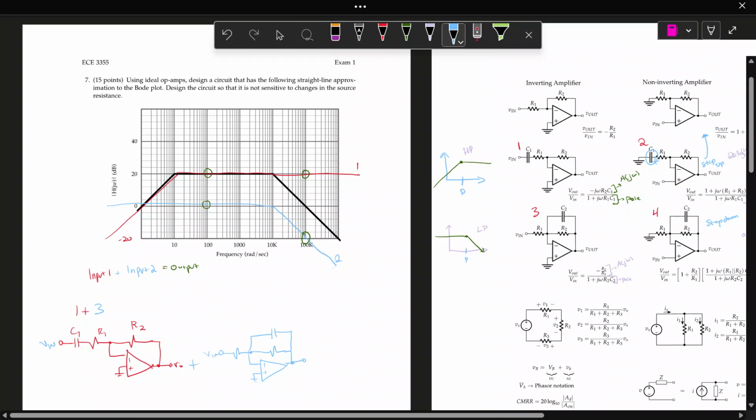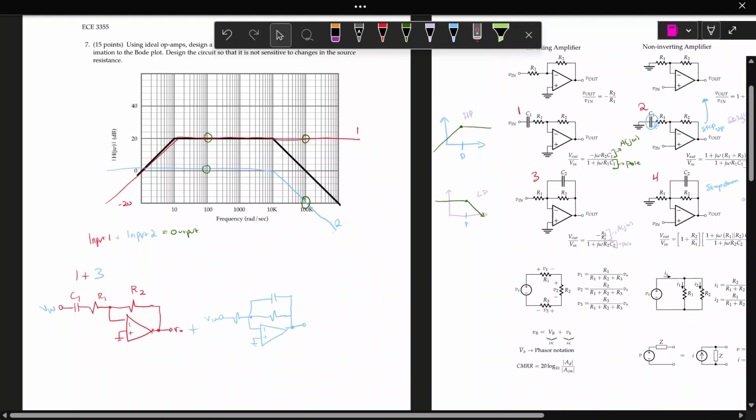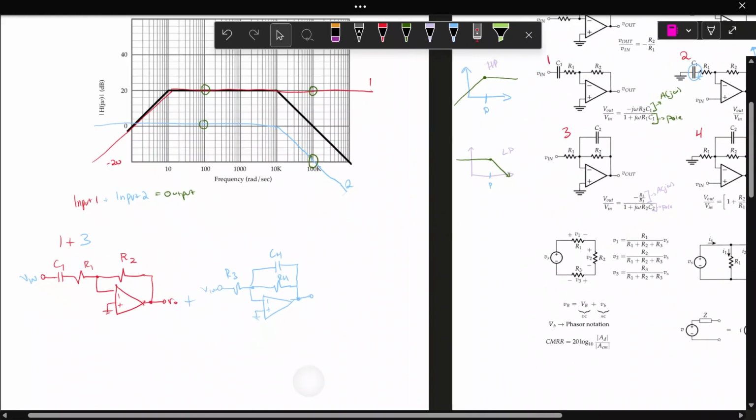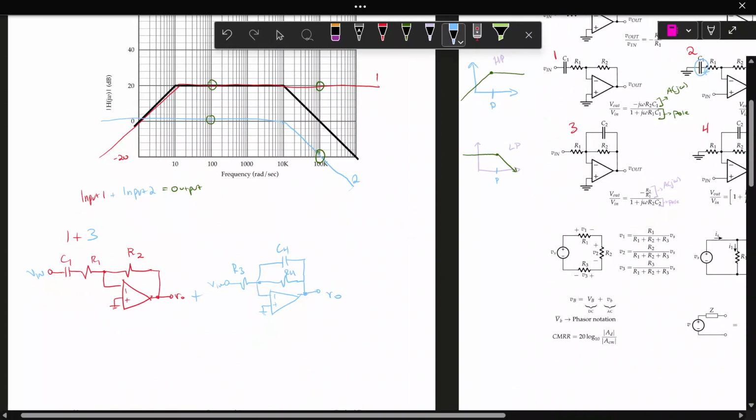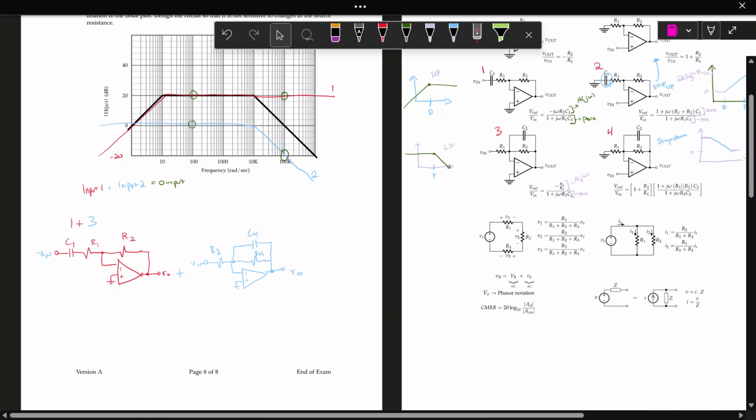And we notice both of these are inverting inputs. These are both inverting amplifiers. Okay, so, and we'll label this R3, C4, and R4. And this is our VO. Okay, so we want to add these.